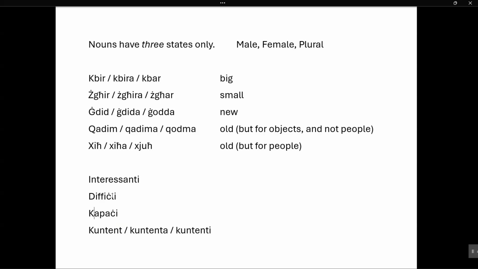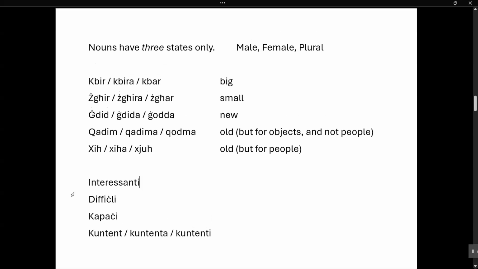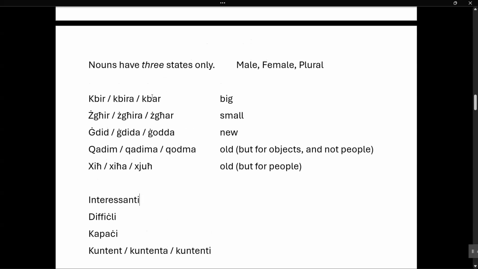Kapaċi is kapaċi. Difficili is difficili. However, there's an exception to the exception. Kuntent, to be content, to be happy, does have a feminine and it does have a plural. So this one has acclimated to Semitic grammar. The others did not. But forget the peculiarity of the loanwords. Generally speaking, everything has a male, a female, and a plural.